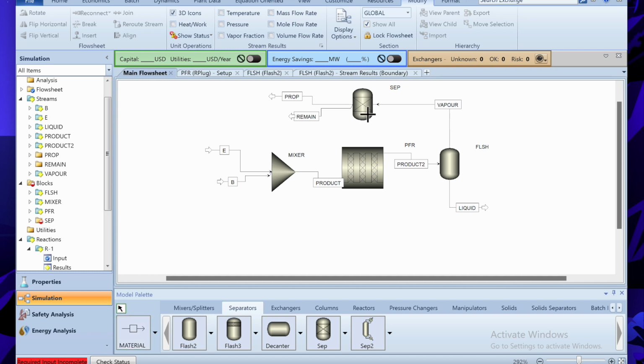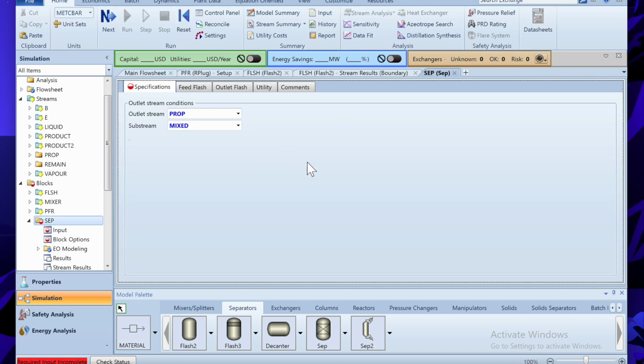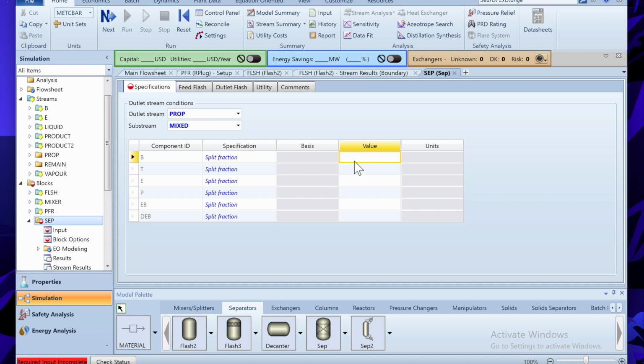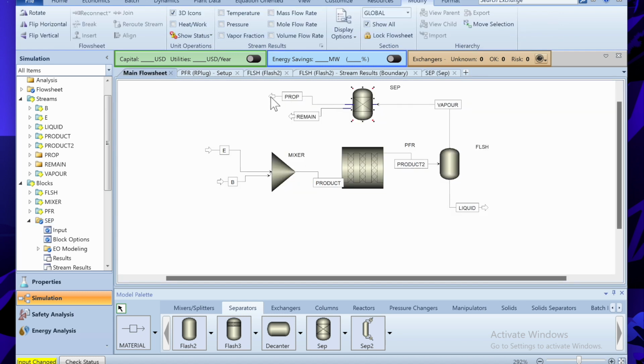The split fraction of the propylene is 1, so all of the propylene is going to this propylene stream. So then you can run it.